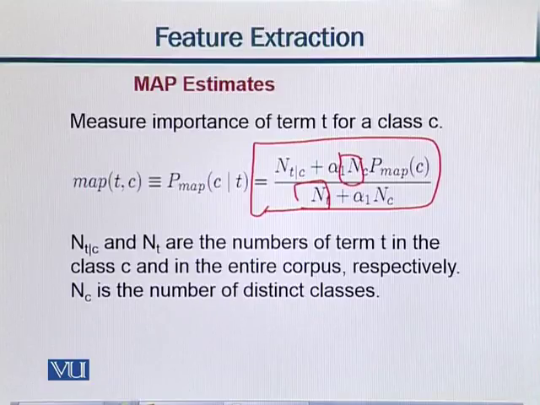So it is a combination of these three things, NTC, NT and NC. NT given C is the number of terms in the class C, and so on.